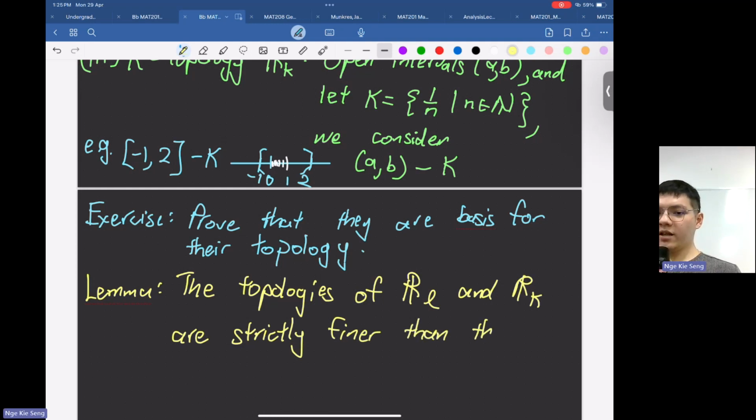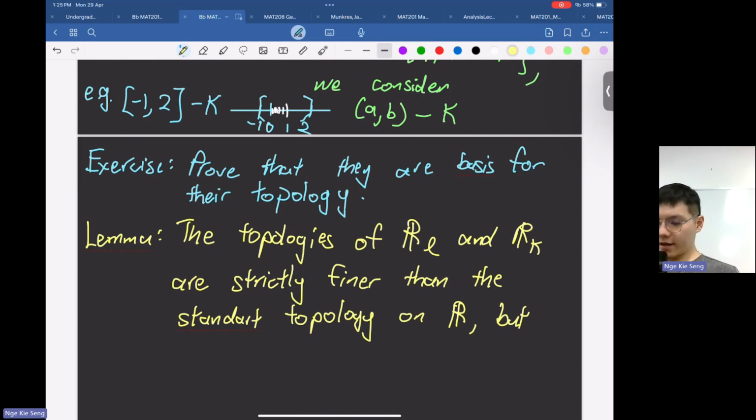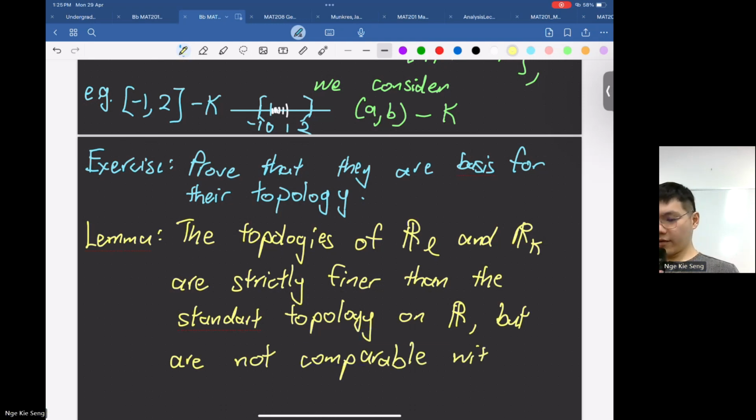Okay, meaning they contain the standard one, but they're not equal. And R_L and R_K cannot be comparable. It's not comparable, so you cannot prove that one is finer than the other.